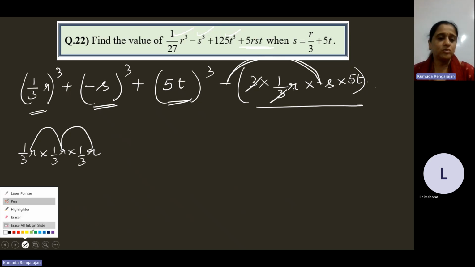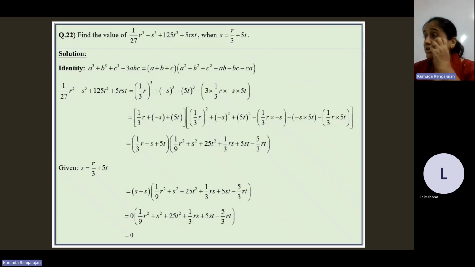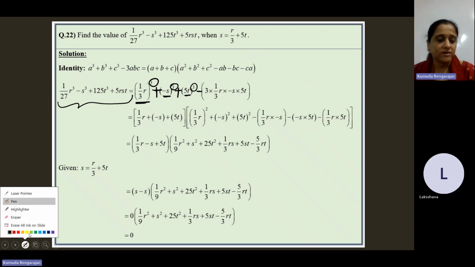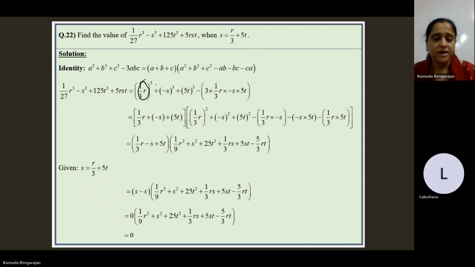So the first step is to present the given expression in the form of the identity. See here, this is the question given. This is A, the whole cubed, plus, take the signs from the identity, plus B the whole cubed plus C the whole cubed minus 3 into A into B into C. That's the first step.